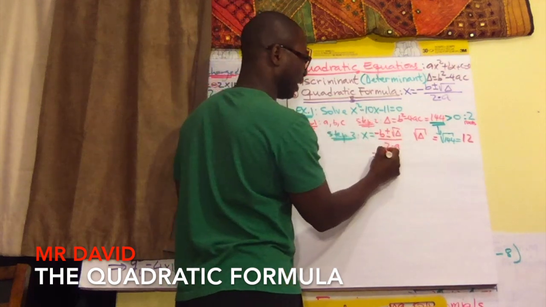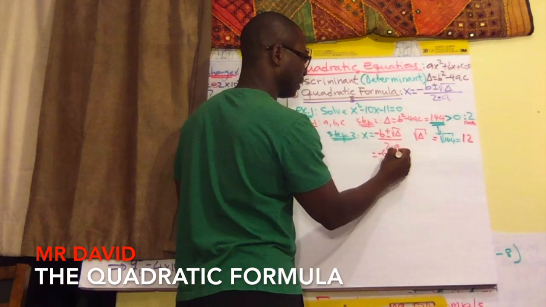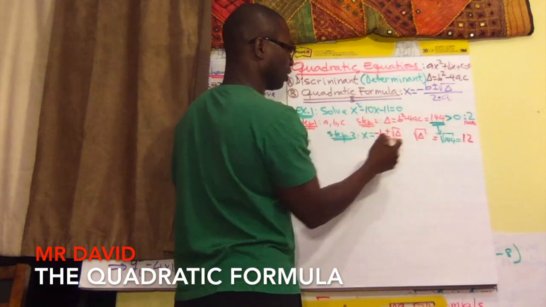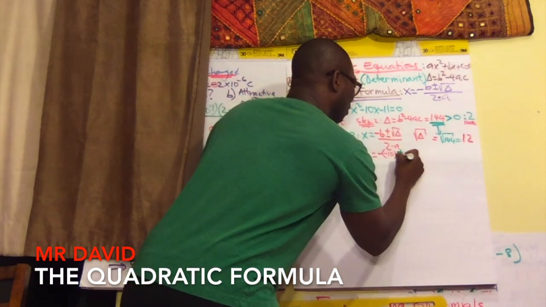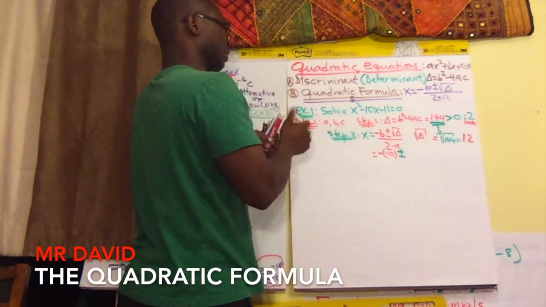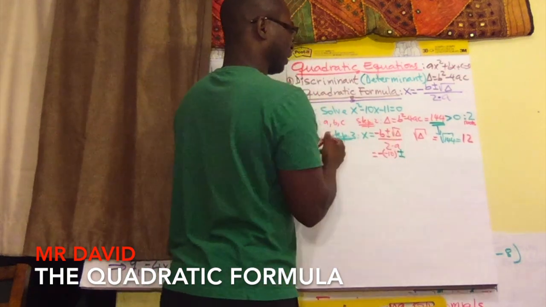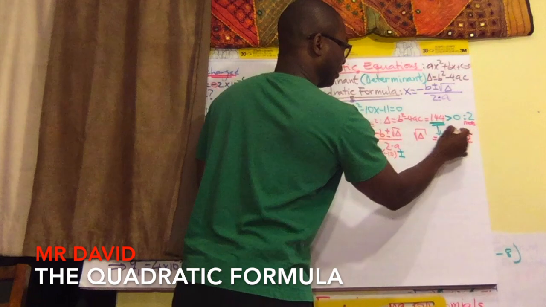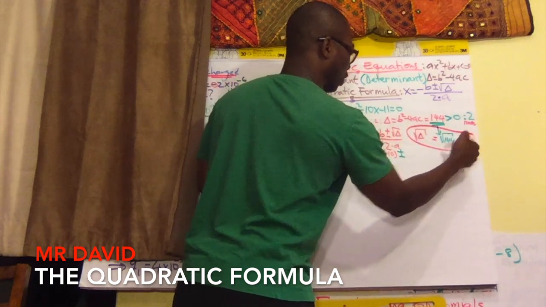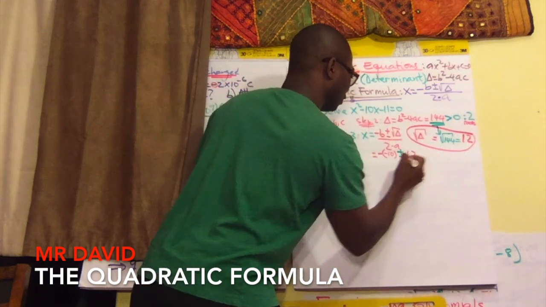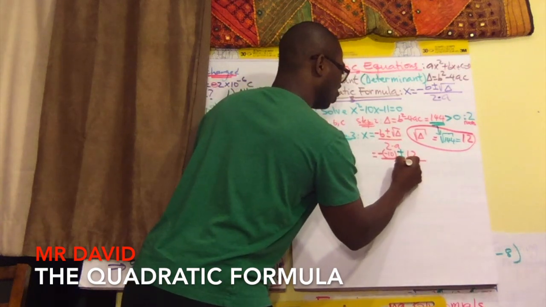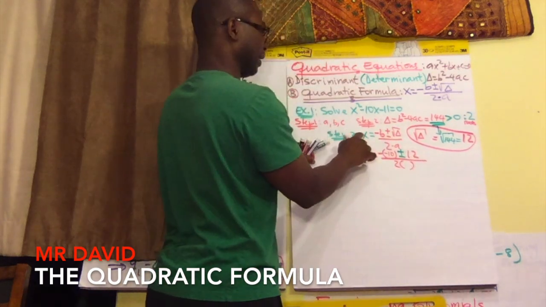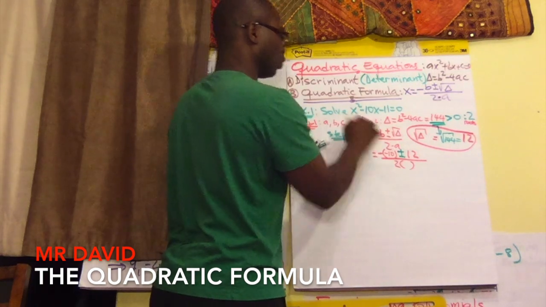So negative 10, close the parentheses, plus or minus the square root of delta, which we just found is 12, over 2 times a. What is a? a is an invisible 1. a is 1.